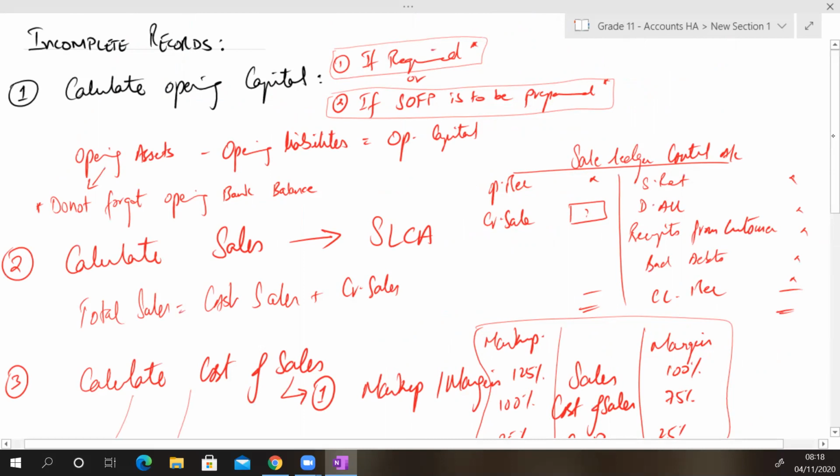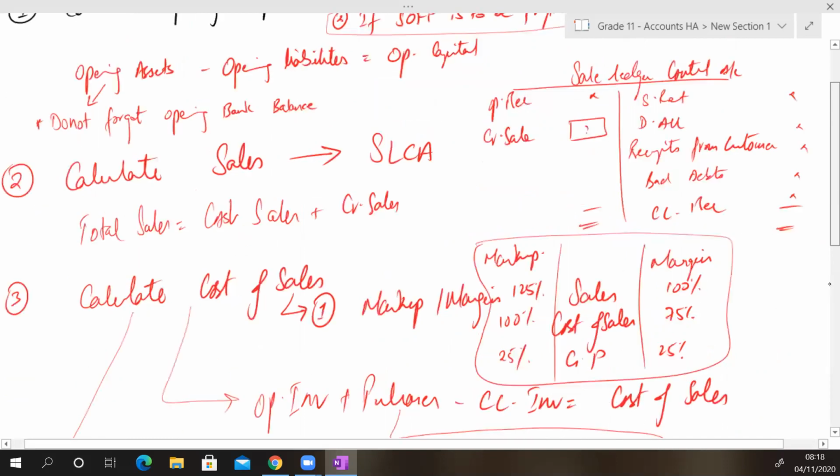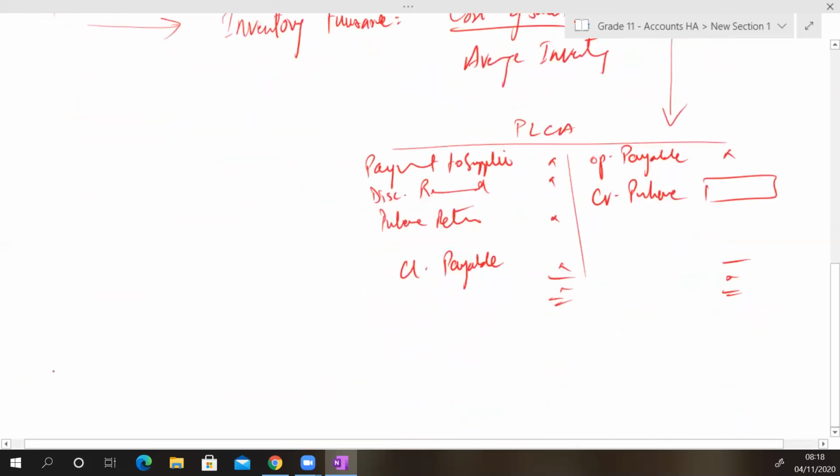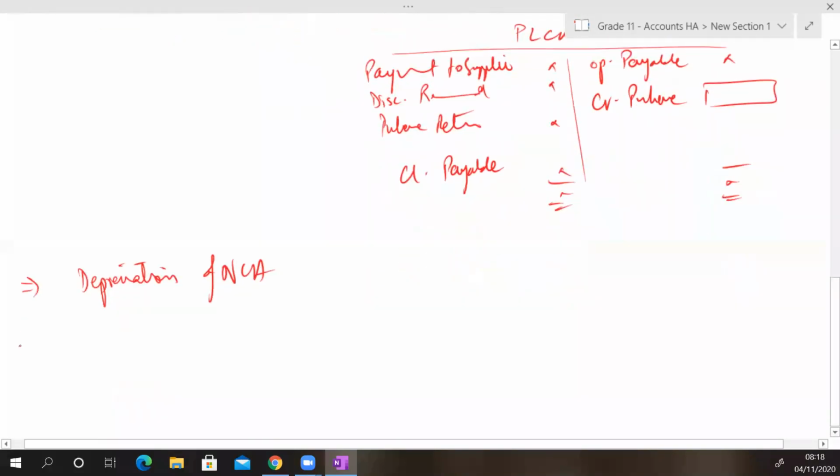Okay. After this there could be an adjustment for depreciation of non-current asset, or you might have to make an expense account.